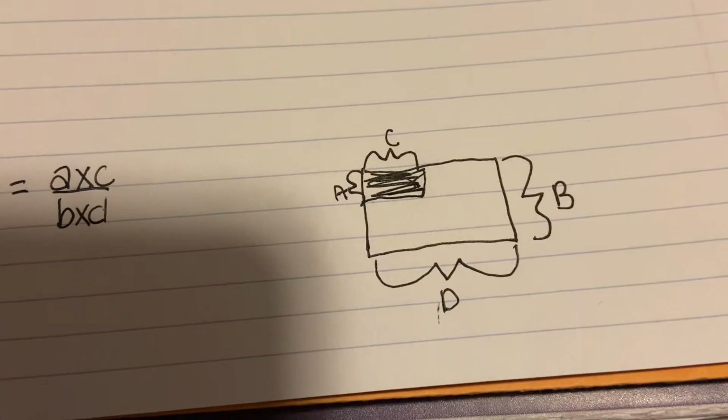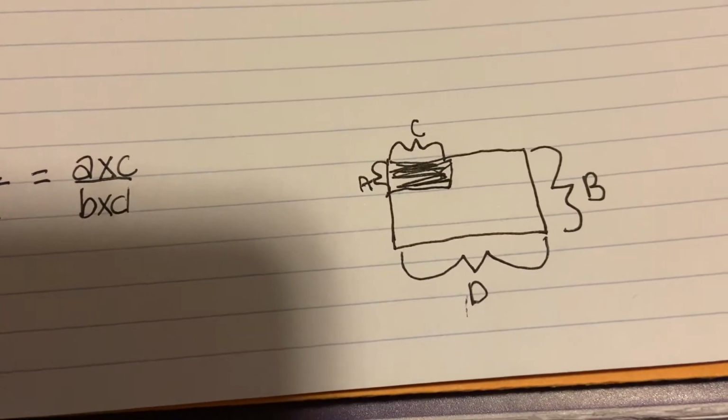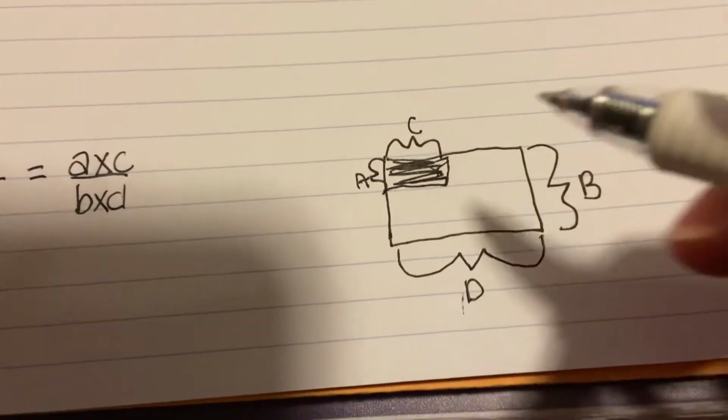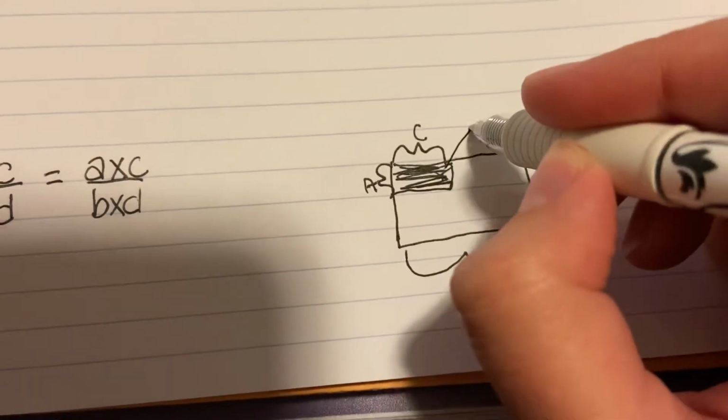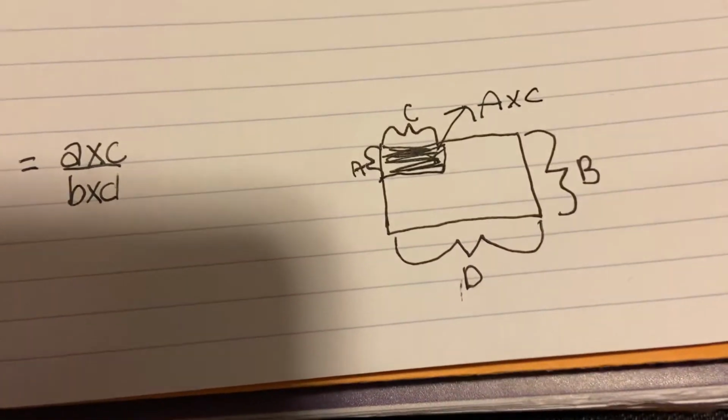The filled in part is what we said the numerator was. So this now shows us that the filled in part was A times C.